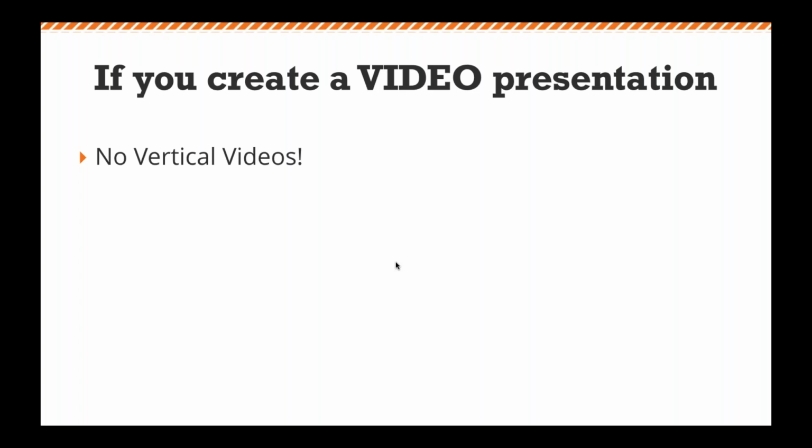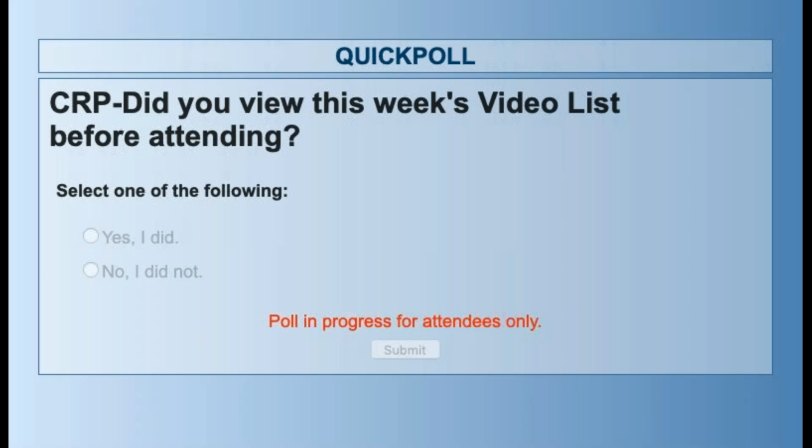Oh, actually, I forgot to do this. My bad. So just so I know, how many of you had an opportunity to watch the list of videos that were listed on the 3.1 activity page before this evening?